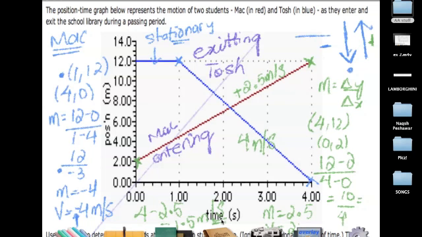As in, Tosh is moving, oh okay, I think I mixed them up. The one in blue was Tosh. So Tosh is moving faster than Mac.